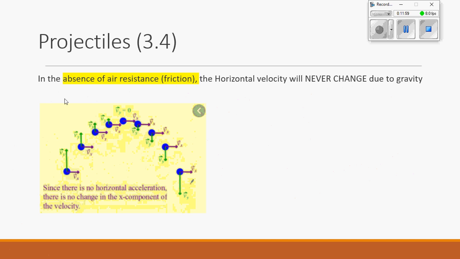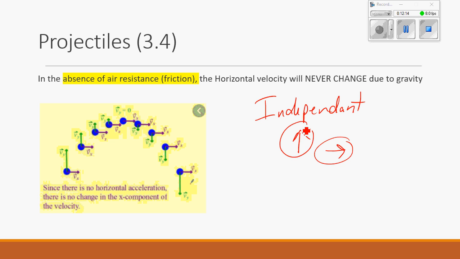Another thing, though, that I want you to look at, because we're talking about the independence of the vertical velocity and the horizontal velocity. So what we're talking about is how these do not affect each other. We talked about how the y velocity is changing on the way up and then changing on the way down.